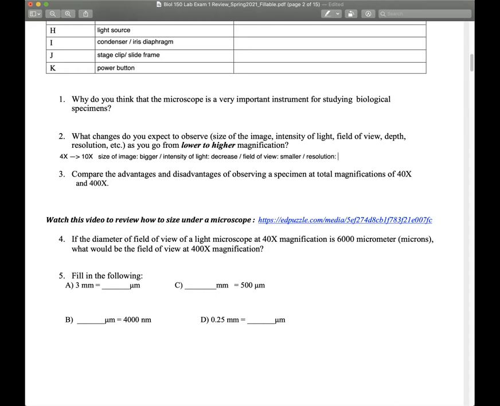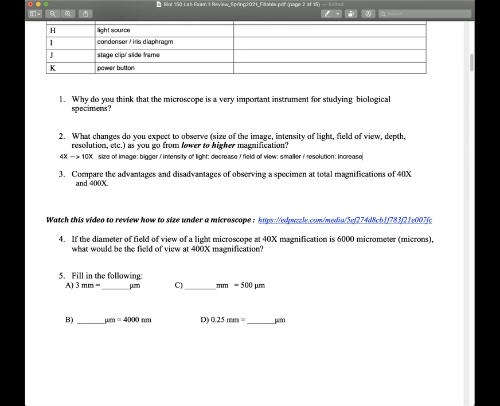Think of that picture of the flea in the lab exercise. At 4x, it's kind of hard, you can tell some of the legs and stuff. But when you really zoom in, you can see the individual hairs on the legs and the detail in the face. So the resolution is going to increase.